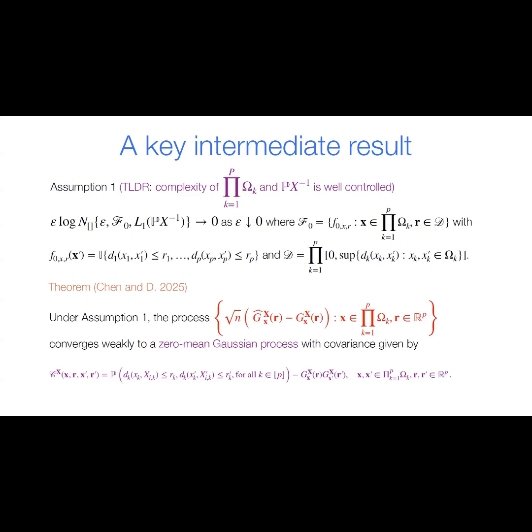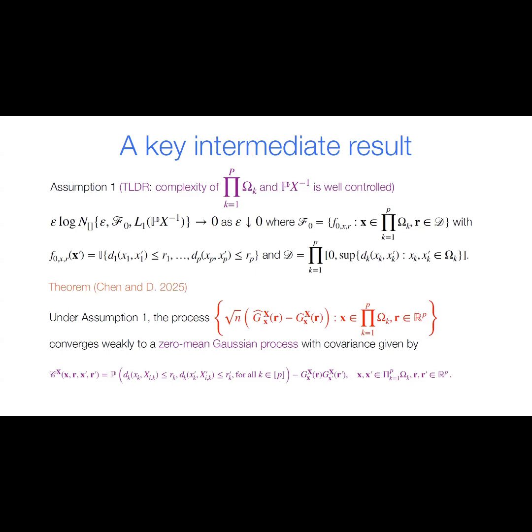This is the key result coming up in the theorems later: the joint distance profiles are on target and converge to a zero mean Gaussian process with a certain covariance. I'm not going to go in depth into that, but it needs an assumption on the complexity of your space and on the joint law.